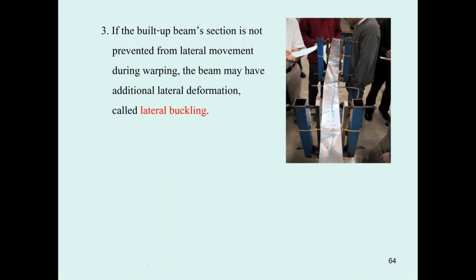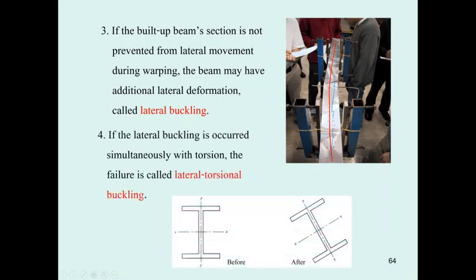Okay, after the application of the force, it may have the lateral buckling. That is going to have this kind of wave. And also the combination of lateral and torsional buckling. What does that mean? That means before this, you have the beam, okay, laid here under the force, and then your beam moves laterally. This is going to be called lateral, and also it twists.